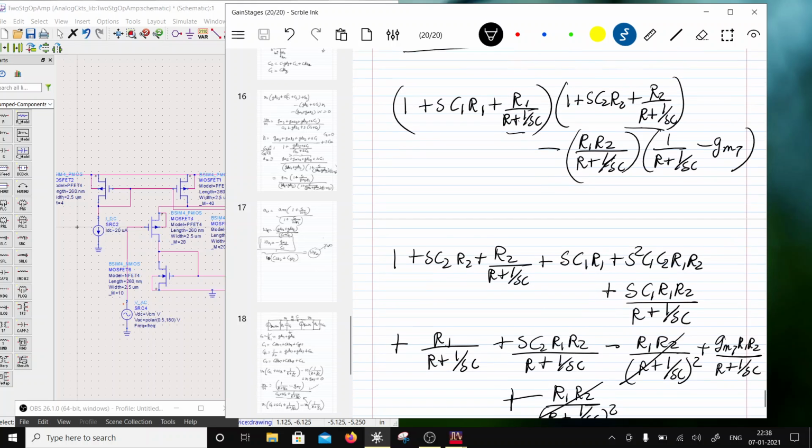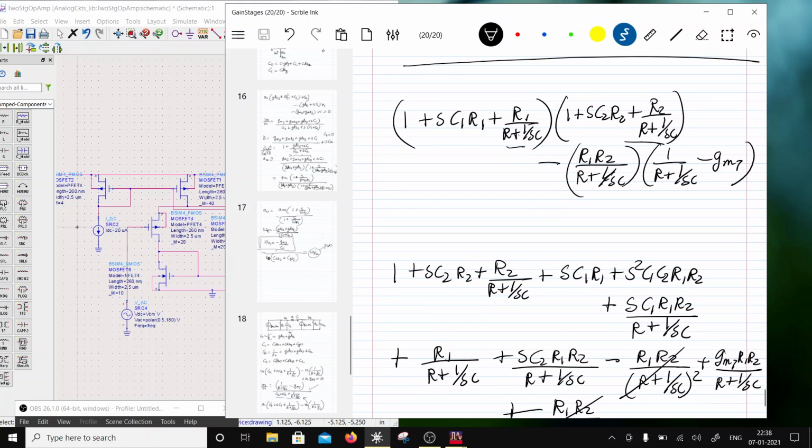Okay, if I was to multiply numerator and denominator by SC, let's see how much it will simplify. SC will come to the top, 1 plus RSC.